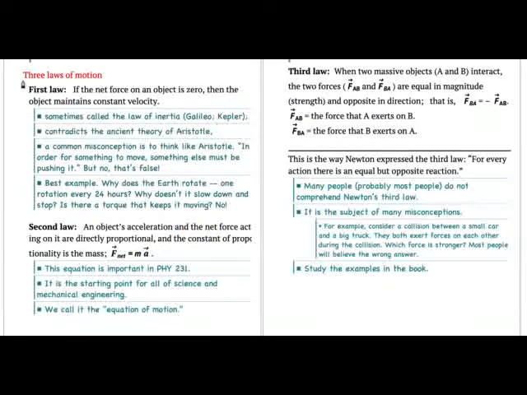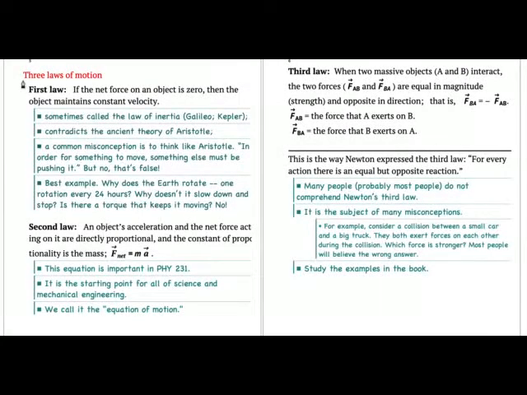The 3 laws of motion, published by Isaac Newton in 1687. Over 300 years ago. And we still use the same laws of motion today. This is something that's really stood the test of time.